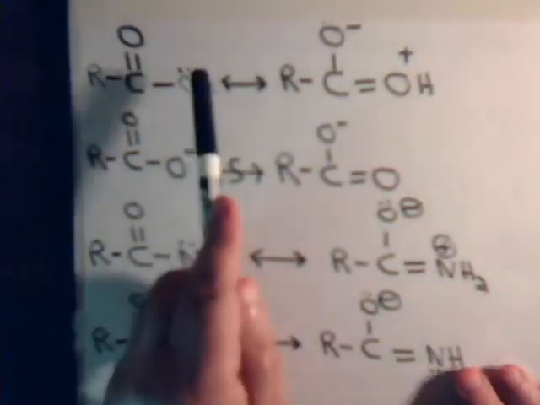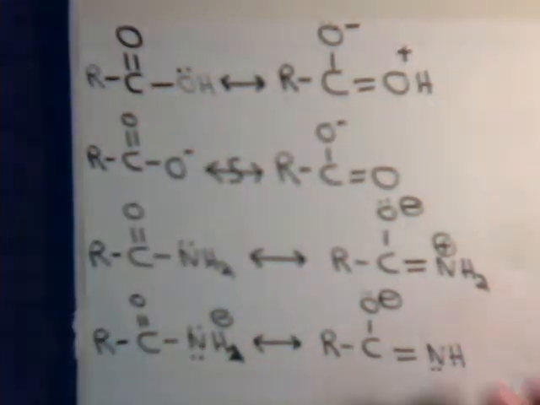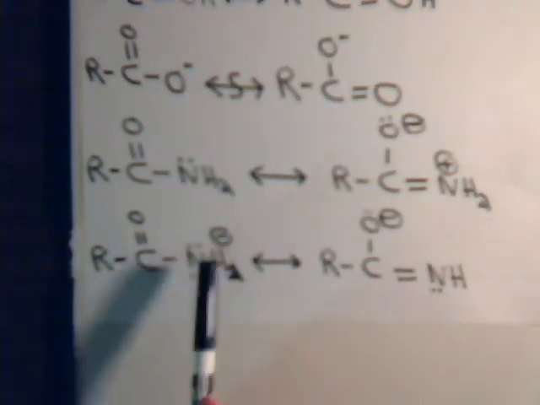For one reason, when the carboxylic acid loses the proton, the negative charge is on oxygen. Here, when it loses a proton, the negative charge is on nitrogen. Nitrogen is less electronegative than oxygen, so it accommodates that negative charge not as well.